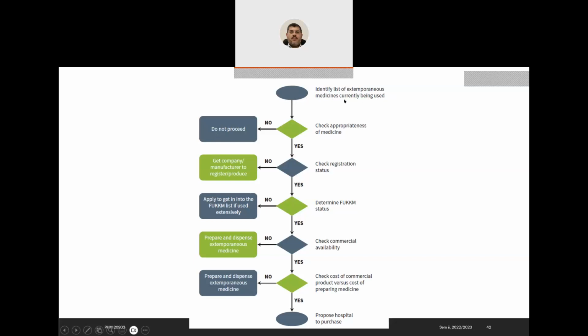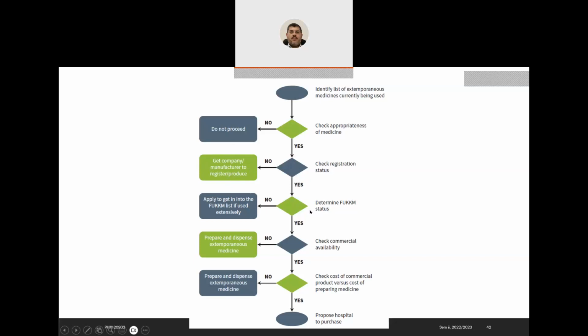Here you have to identify the list of extemporaneous medicines currently being used in the hospital, and then check if this is appropriate. If yes, then what is the registration status? If no registered medicines, if it's not registered, then get the manufacturer company to register or produce.